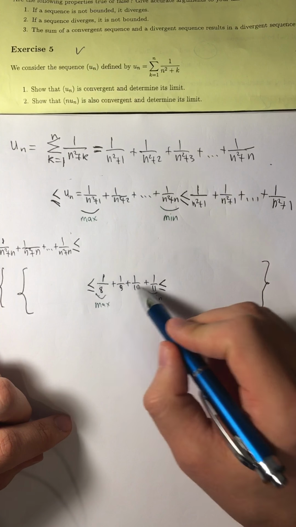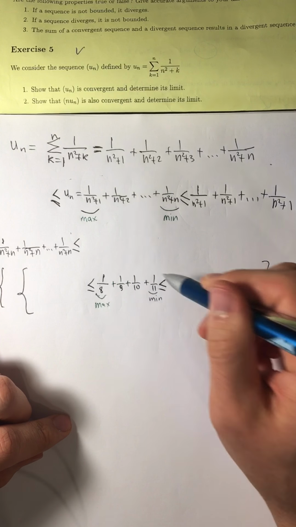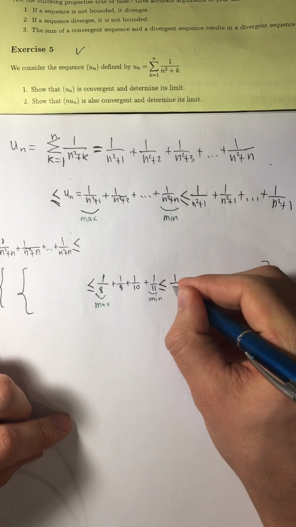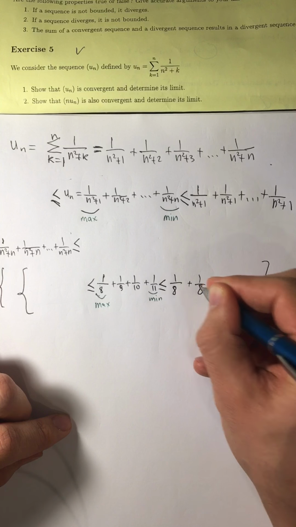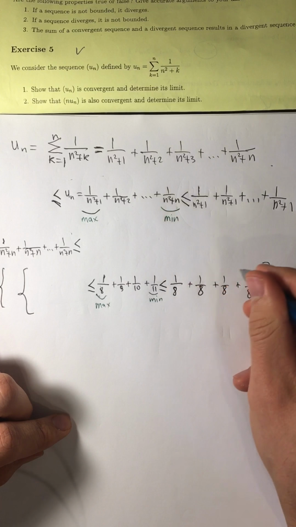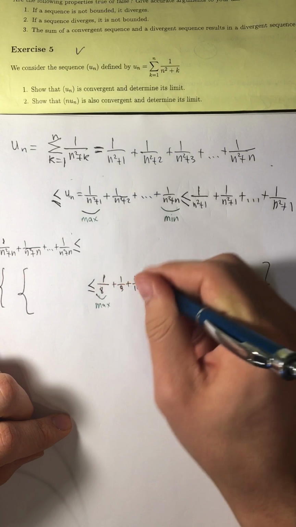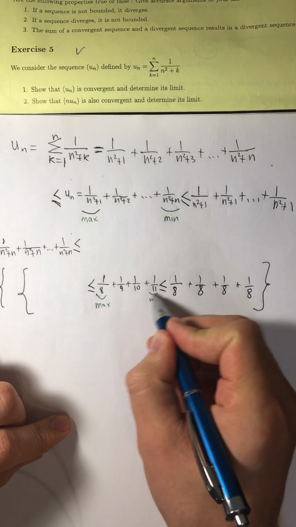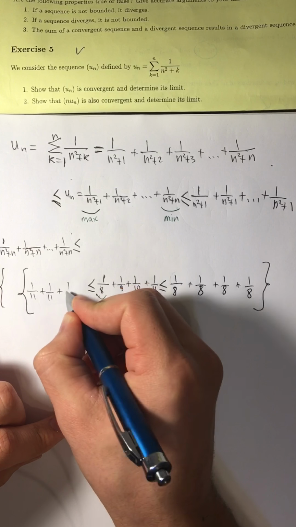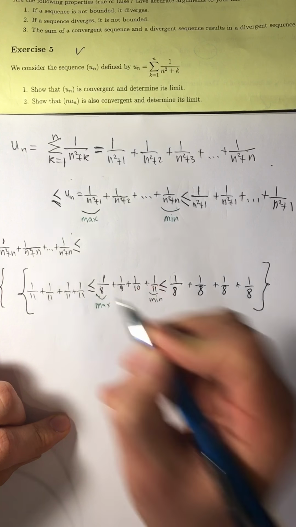And look, I have 4 fractions, and instead of all four fractions, I'm gonna write the maximum one on the right side: 1 over 8, 1 over 8, 1 over 8, 1 over 8. That's the reason why this right side is bigger. But here, I'm gonna write the minimum one 4 times: 1 over 11, 1 over 11, 1 over 11, 1 over 11.